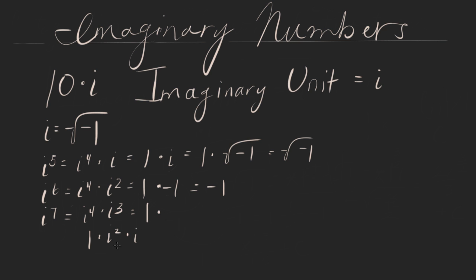So we'd have 1 times, and i to the 2nd is the square root of -1 times 2. So we'd have -1. And then i is the square root of -1. So we can either write it as the square root of -1 or just i. Multiply this together and we'd have -i, or the negative square root of -1.